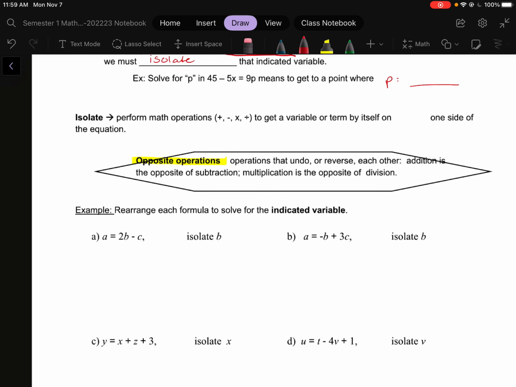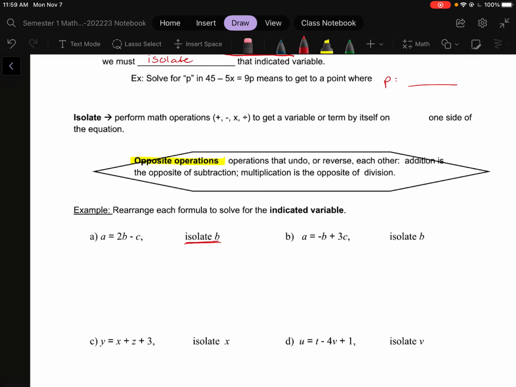So we're going to go through some examples here. We're going to rearrange each formula to solve for the indicated variable. The indicated variables are written on the right side of it. Here it says isolate for b, which is what we're going to start with. You can keep it on the right side because it is positive. If it was negative, then we would switch it over.